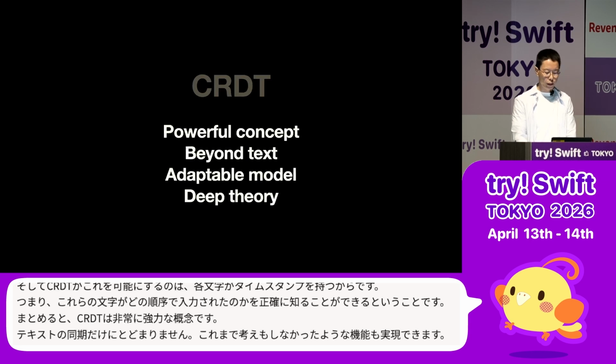CRDT is also highly adaptable. You don't have to follow the textbook definition exactly. Even companies like Figma take the core idea and shape it to fit their needs. And honestly, what I showed today may not be a pure CRDT implementation. It's adapted to my use case, but it works great.